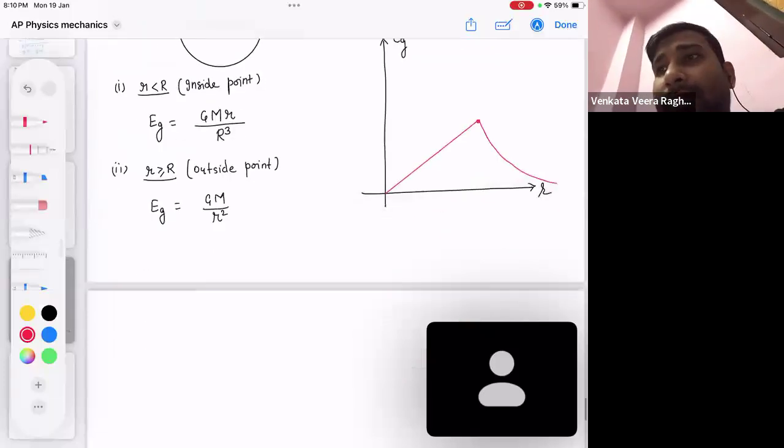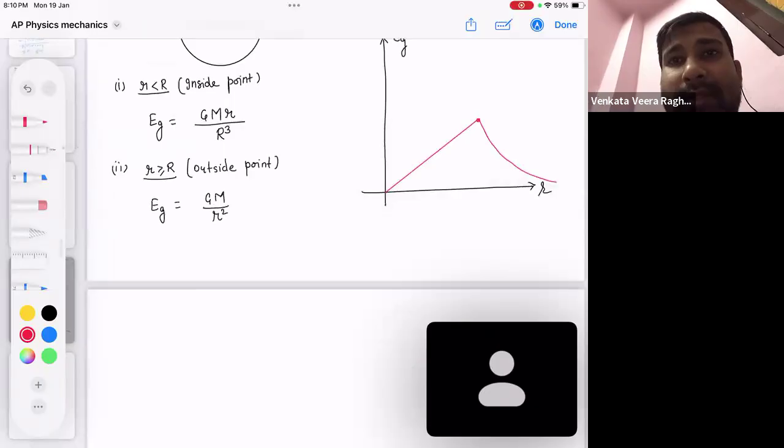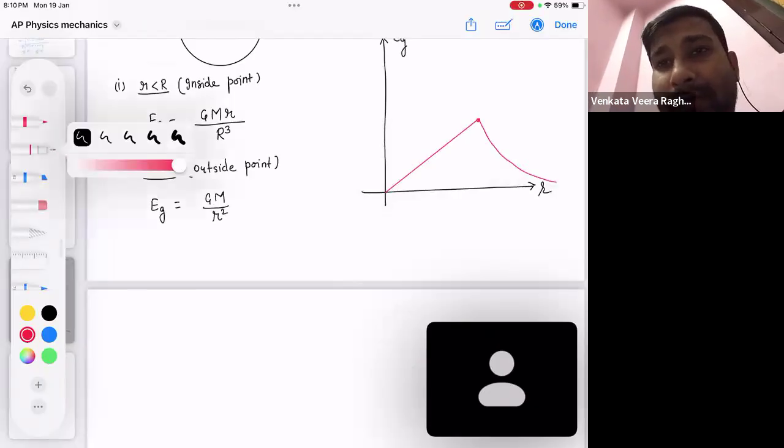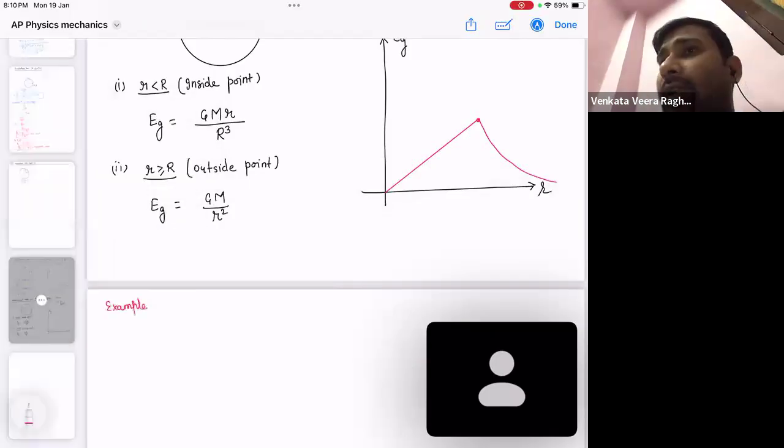So now the question is what? A solid sphere is given to us, okay? In this example, a solid sphere is given to us.